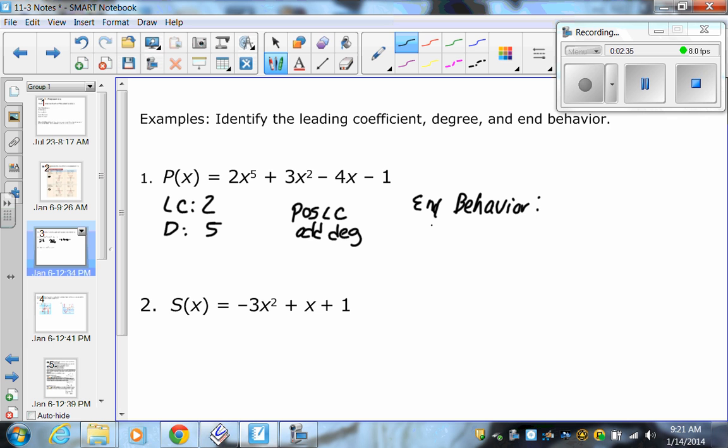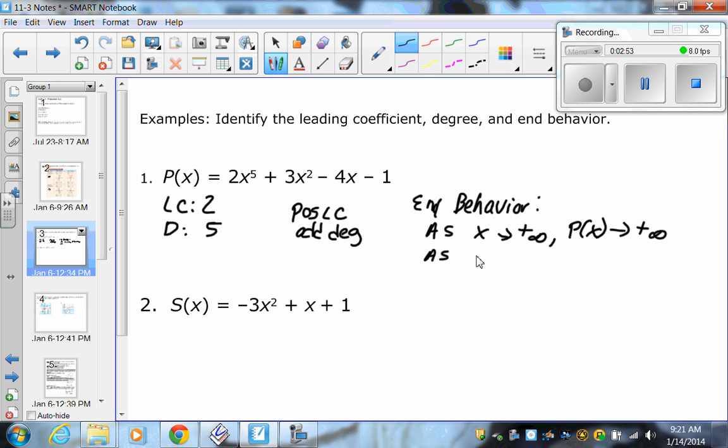is going to be as x approaches the positive infinity, the right side, your function approaches positive infinity because it goes up.